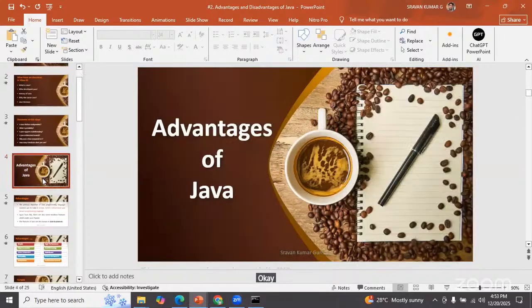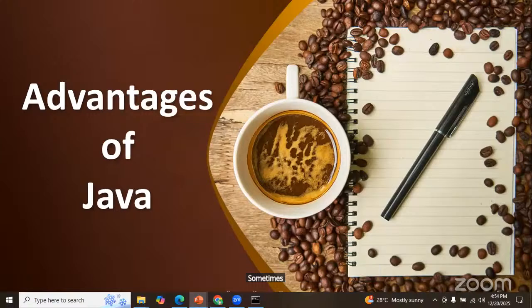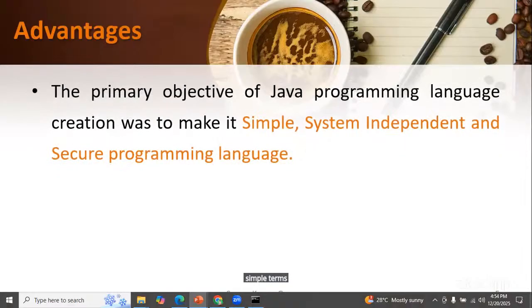Probably you may get this question also. Features of Java or advantages of Java. Both words are valid; you can use any word. Or sometimes you may use the term Java buzzwords. Java buzzwords also means features of Java. Simple terms.